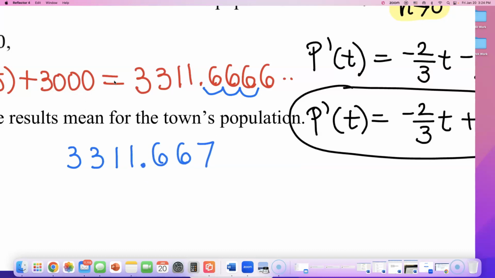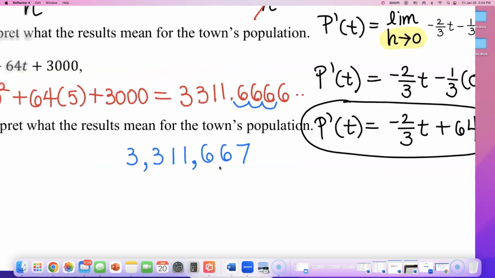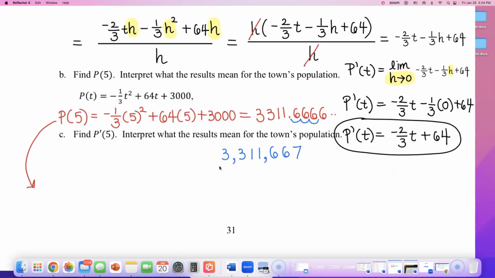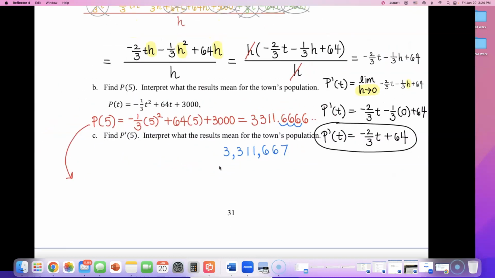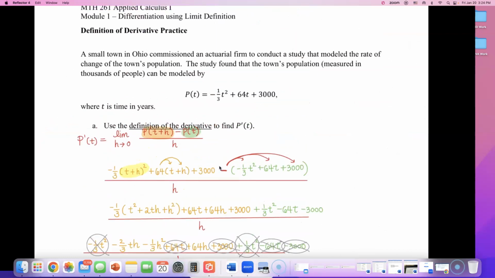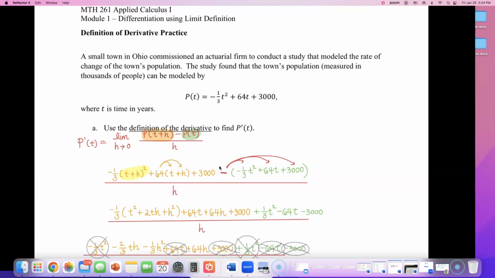Let's see how many people this is, okay? So a comma right here. A comma right here. Oh, look at that. 3 million people. 3,311,667 people are in this town. That many people live in this town in 5 years.